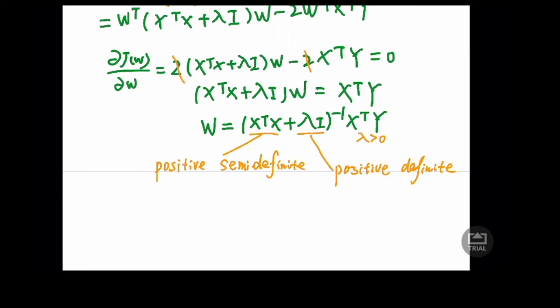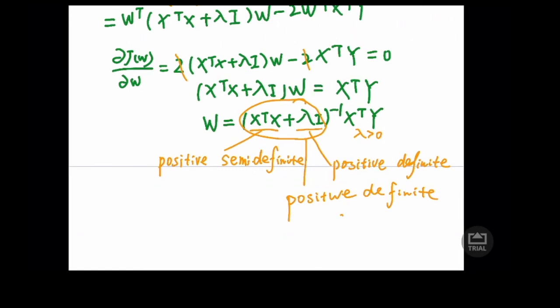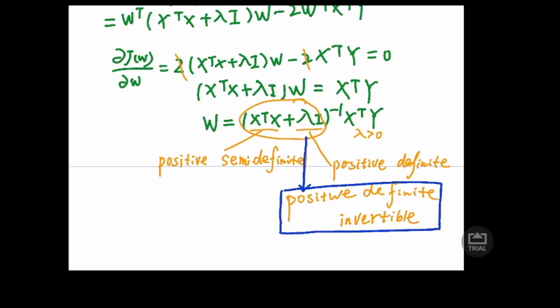Then adding them together, we get a positive definite matrix. That means it's invertible. So we can get this closed form solution. So this is the ridge regression solution in closed form.